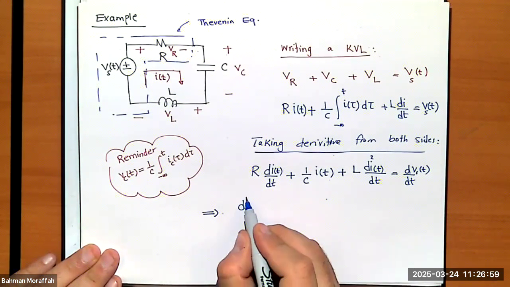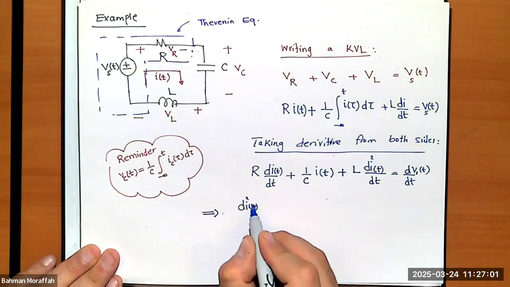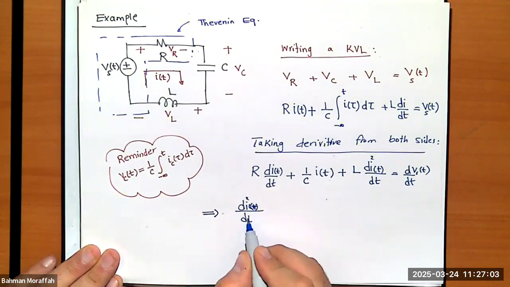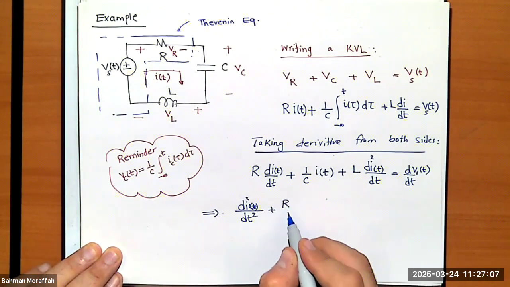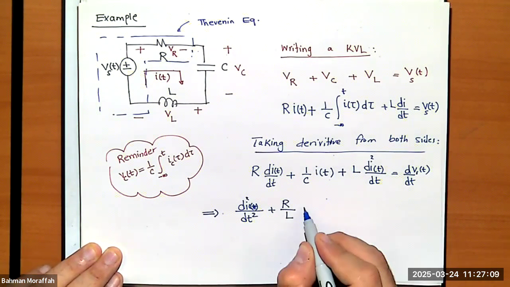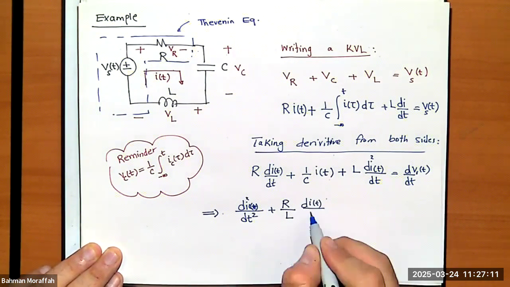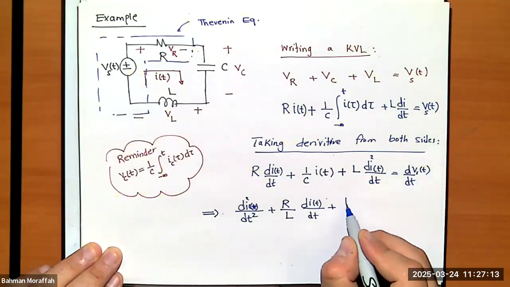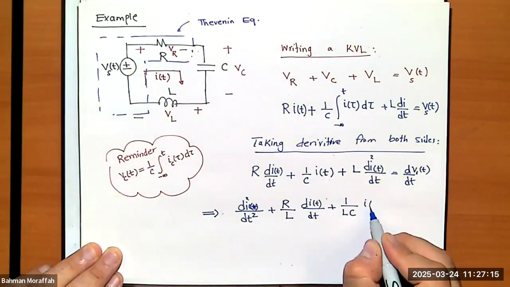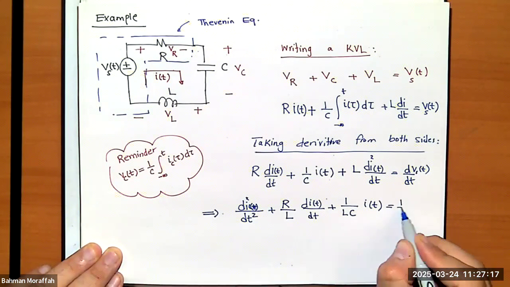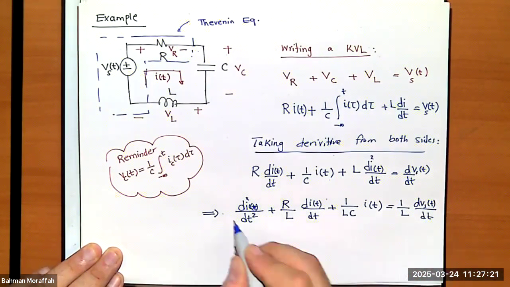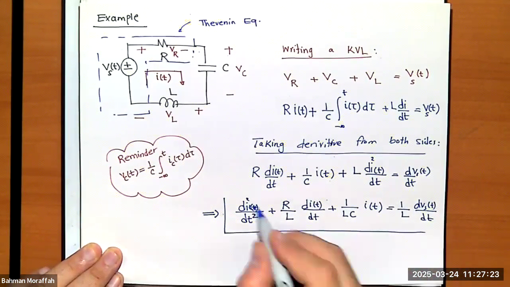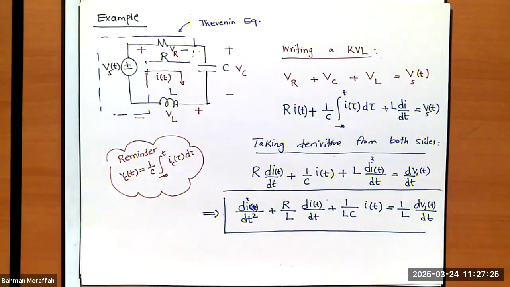I get d squared i over dt squared plus R over L di/dt plus 1 over LC i equals 1 over L dVs/dt. Right?